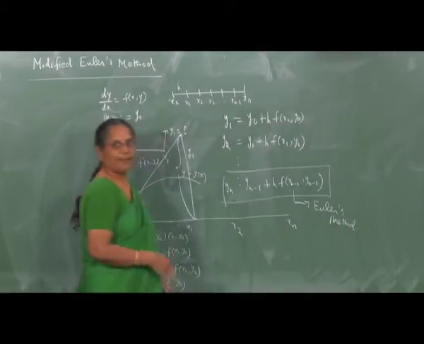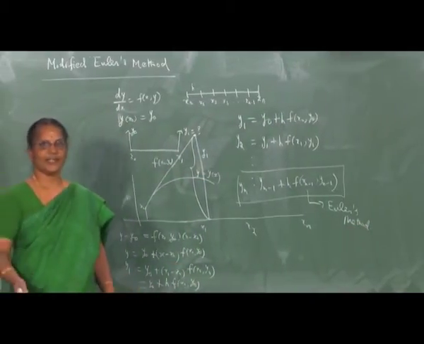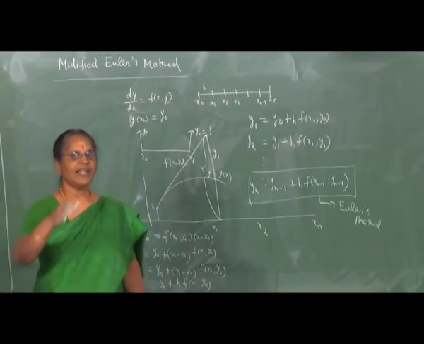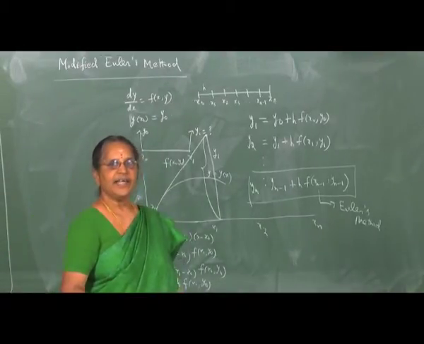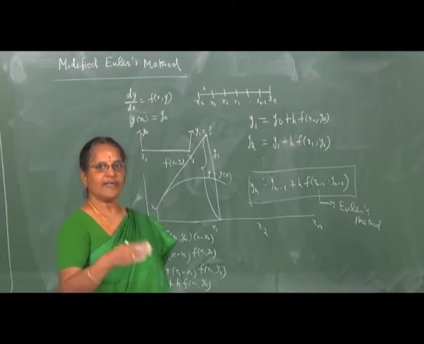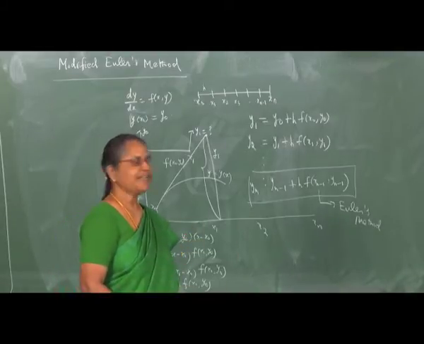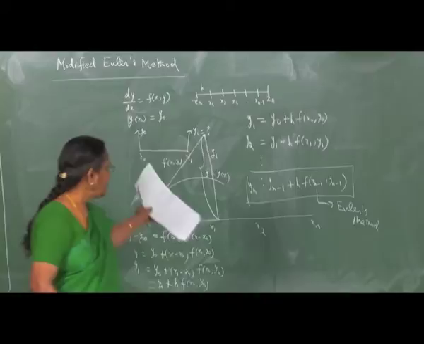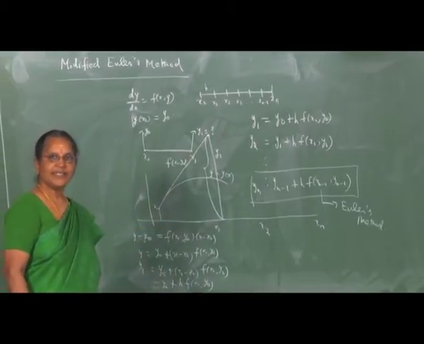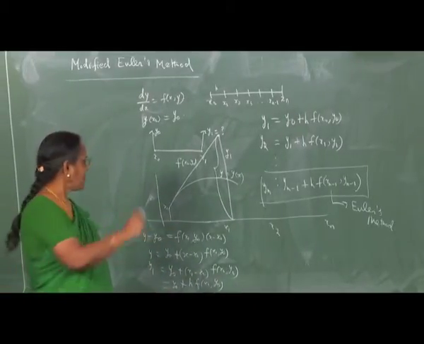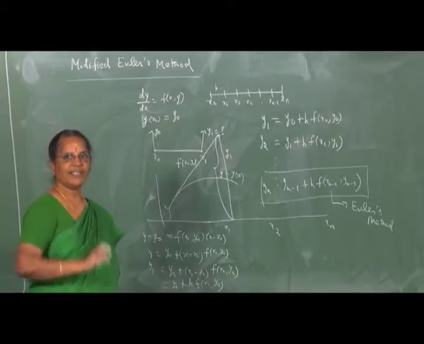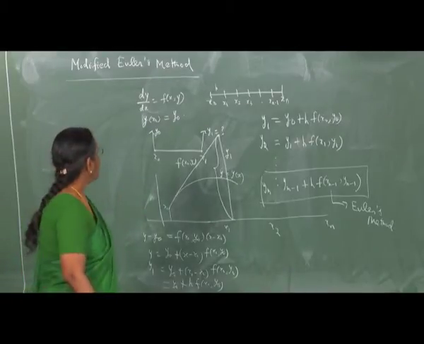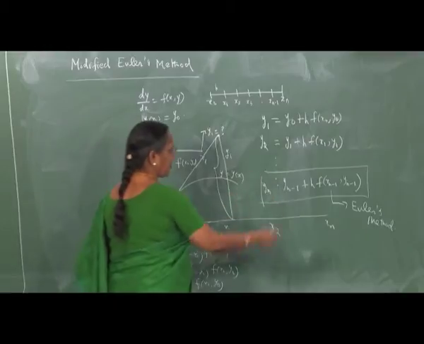It is a single step method, it is an explicit method, and we already have discussed the error involved at each step of the computation of the solution by Euler's method, and we said that the step size h must be very, very small, and it is a very slow process.